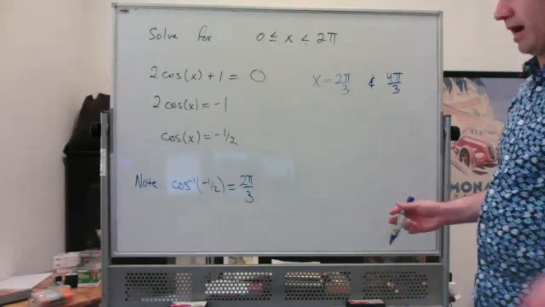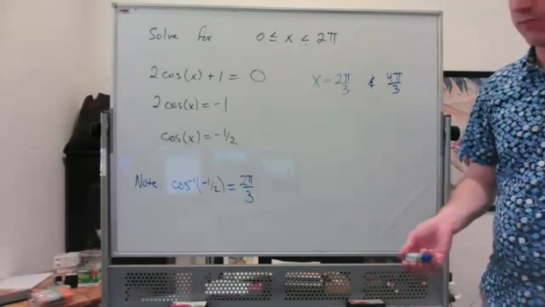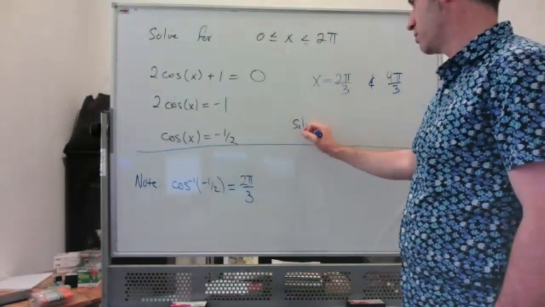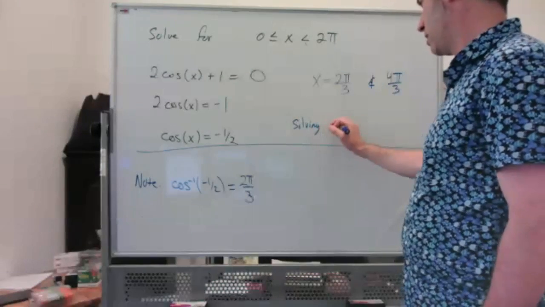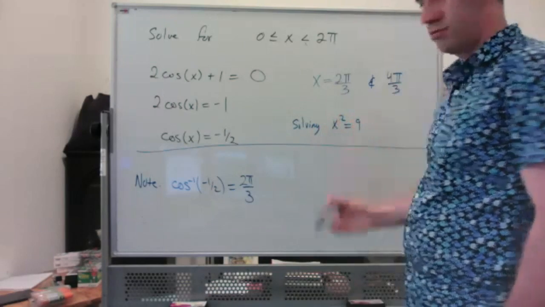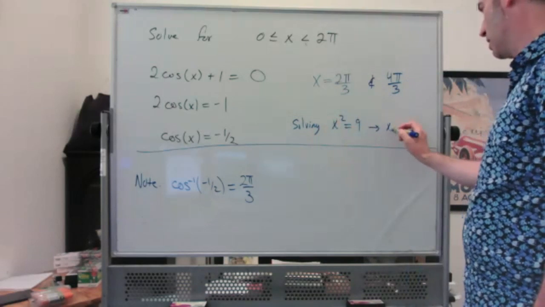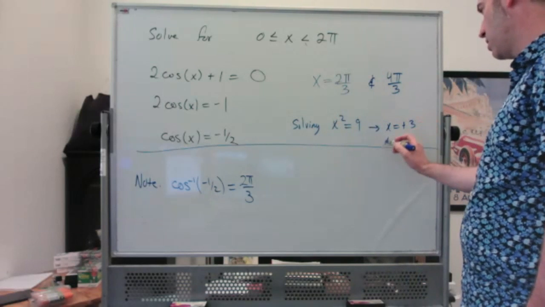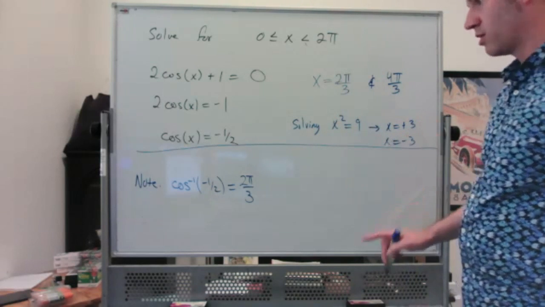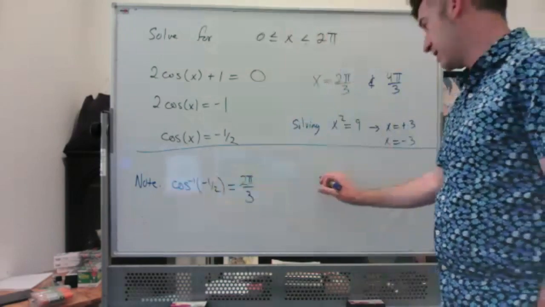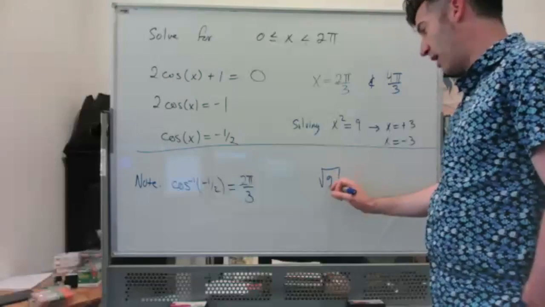And again, I like to think of this as kind of the difference between solving x squared equal to 9. There are two solutions. X equal to +3, x equal to -3. Whereas taking the inverse cosine of -1/2 is like taking the square root of 9.